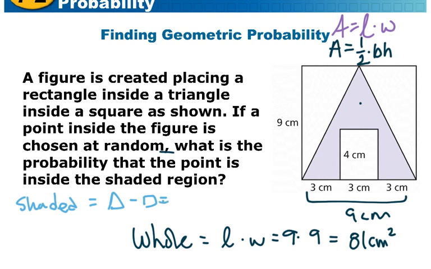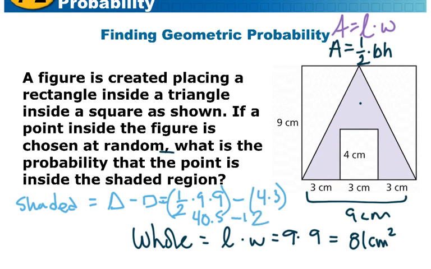The area of the triangle is a half times the base of 9 times the height of 9, and we subtract the rectangle, which is length times width, so 4 times 3. That results in 40.5, because 81 divided by 2 is 40.5, minus 12.